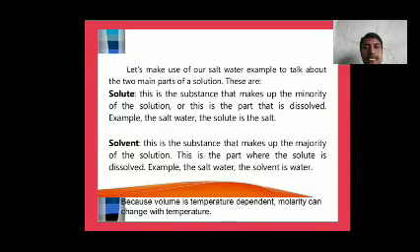Example, in salt water, the solvent is water.